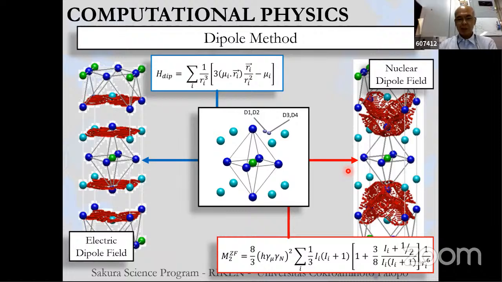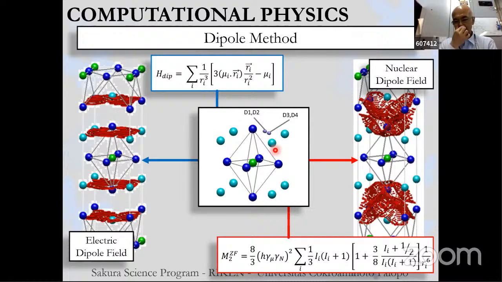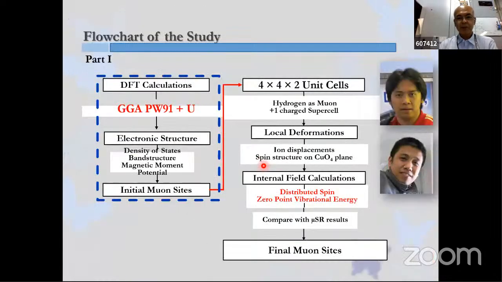Then we judged that all of the suggested positions are not realistic. We think the dipole-dipole interaction alone is definitely not good enough to determine a muon position or to realize the electric state of the magnetic moment. So we have to move on to DFT.